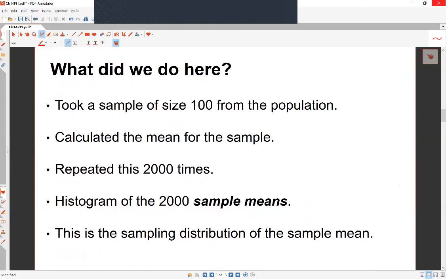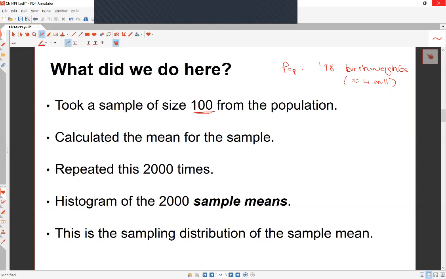Well, I took my population, all the birth weights from 1998, and we know there were roughly 4 million of them. So I sampled 100 babies from that population.